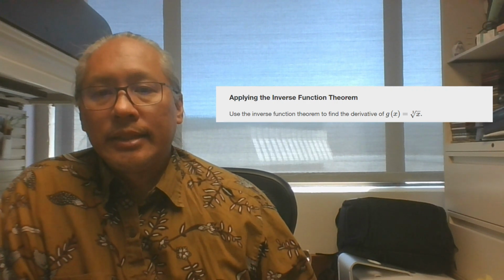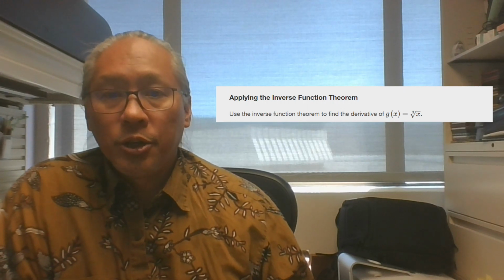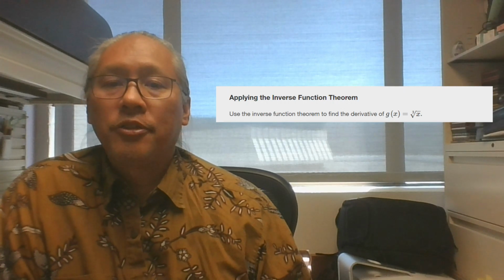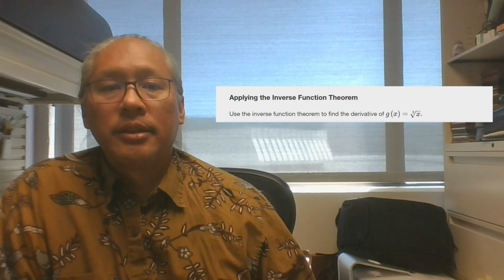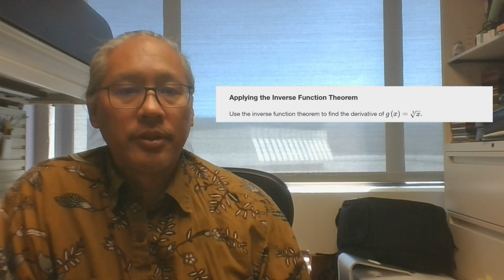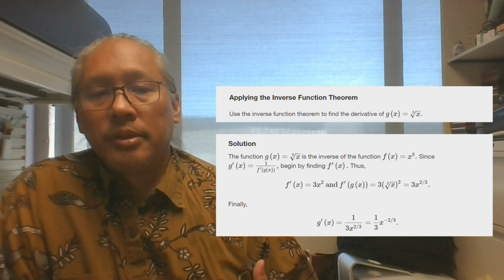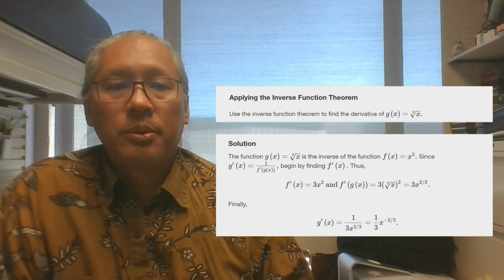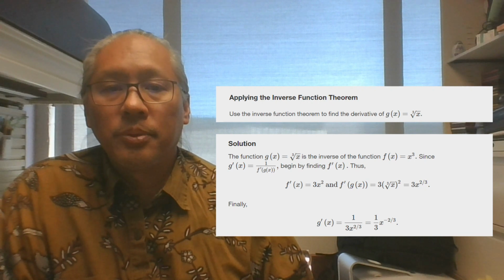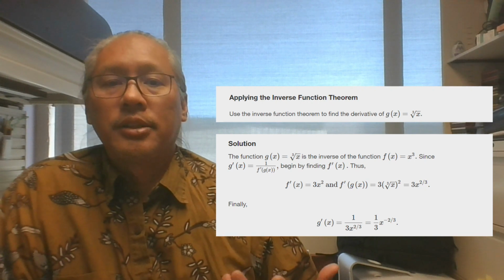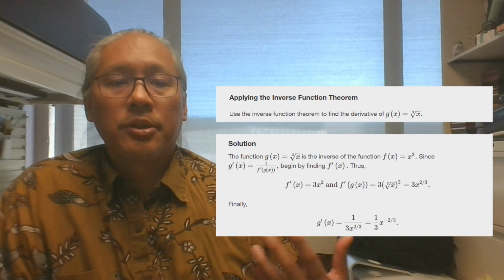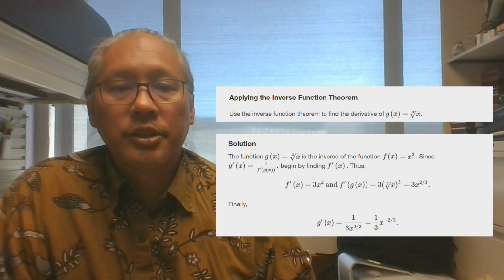We know that its inverse function is x cubed, and so we can use that information to help us find the derivative of this function. So let's say g of x is equal to the cube root of x, x to the 1/3, and that's the inverse of x cubed. So your original function f is x cubed.